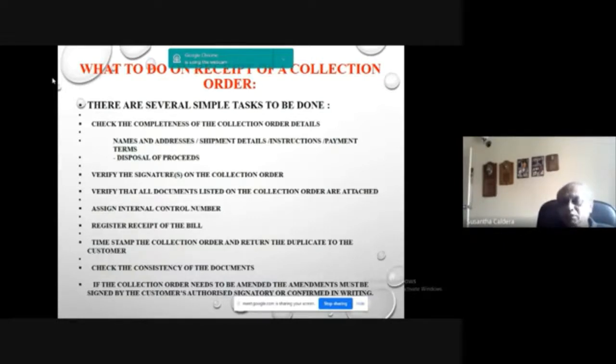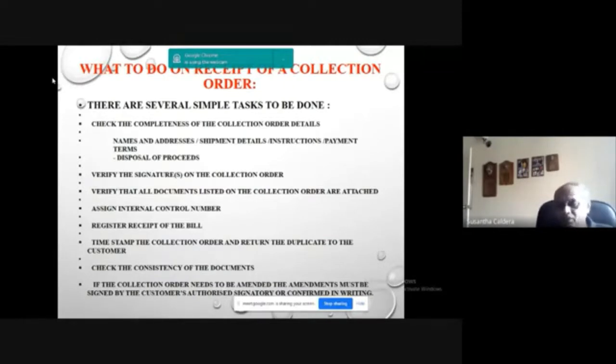Why? We have to verify the signatures of the collection order because they give specific instructions by the drawer, the exporter. So we'll have to verify the signatures. We don't know whether the authorized signatory has signed, or a clerk or some officer who doesn't have signing authority.